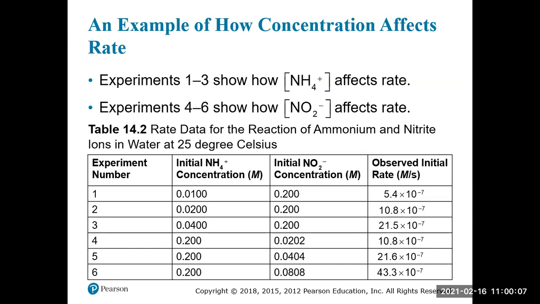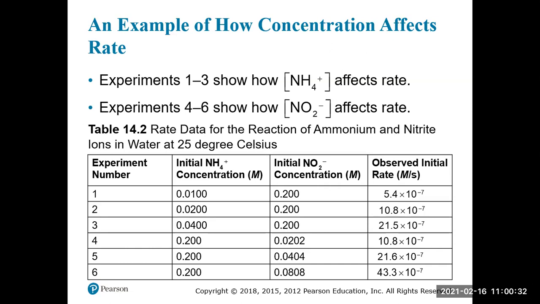If we look over on the right-hand side of the table, we see that the rates for each of those are doubling. So we double the concentration from 0.01 to 0.02. The rate goes from 5.4 to 10.8 times 10 to the minus 7. We doubled that concentration again from 0.02 to 0.04.